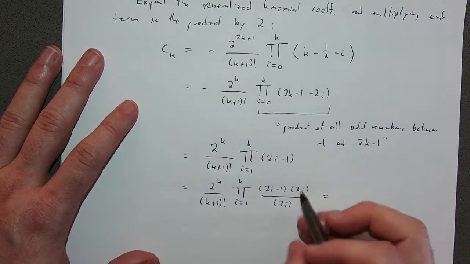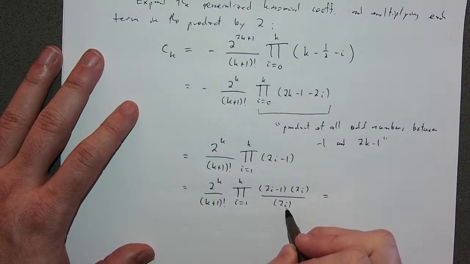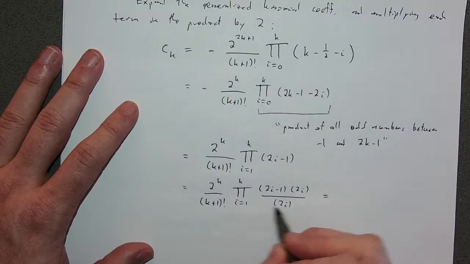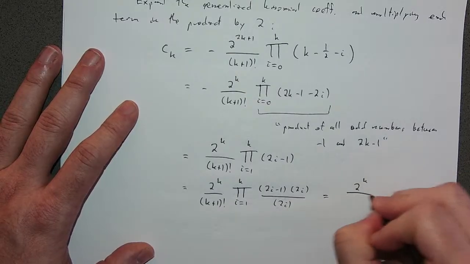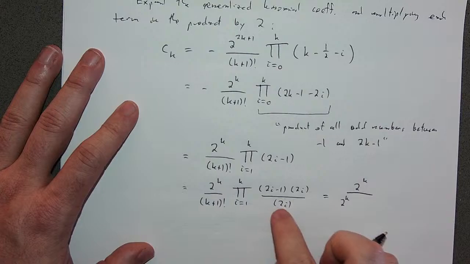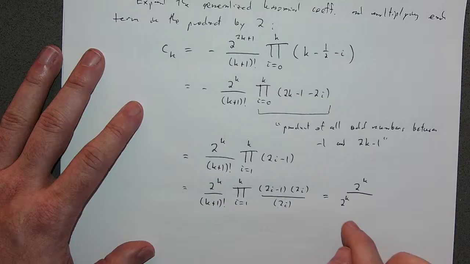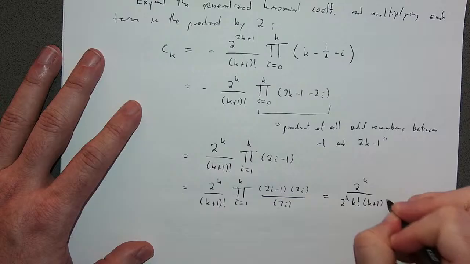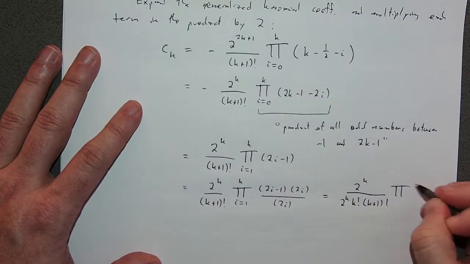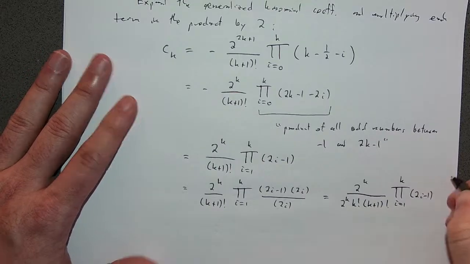If I do that, this would be 2 to the k over 2 to the k, since there's k copies of this 2 in this product, and then I multiply 1, 2, 3, 4, 5, 6, 7, all the way up to k. So that's k factorial. And this is all times the product from i equals 1 to k of 2i minus 1 times 2i.